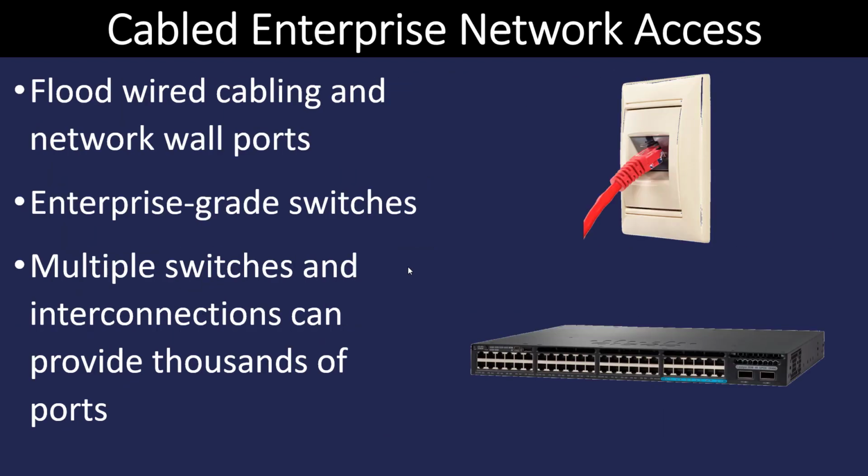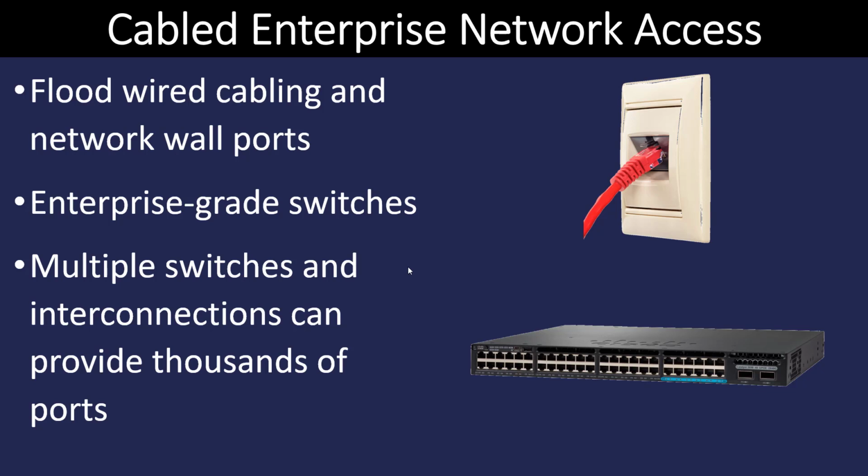Now, if we're using a wire to access our network, we're likely going to use a standard twisted pair cable with an RJ45 jack. If we're at a business, we likely have it in the wall. If not, we might have a port on the back of our gateway provided by our ISP.